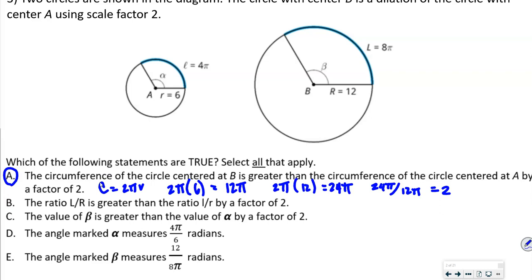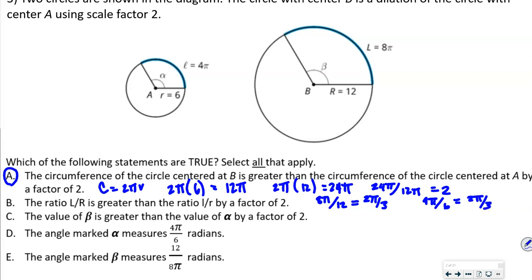If we do 8 pi over 12, 4 goes into both of those, so that would be 2 pi over 3 for capital L over capital R. Now if we do that also for the small ones, we got 4 pi over 6, again 2 goes into both of those, so that would again be 2 pi over 3.